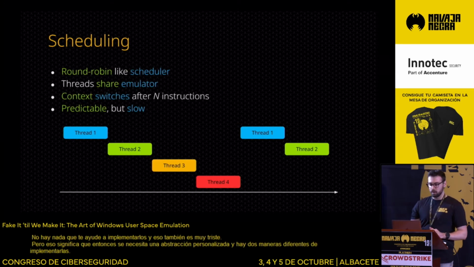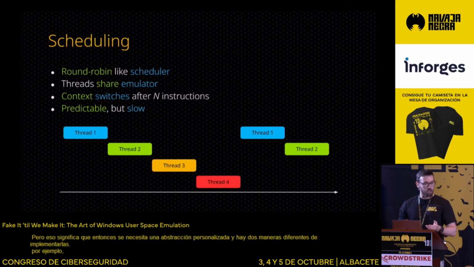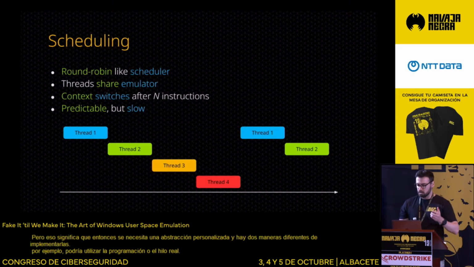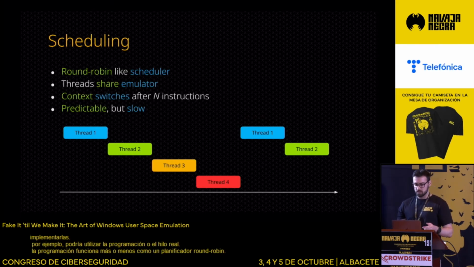The scheduling works pretty much like a round-robin scheduler. As you can see in the graphic below, there is one thread working for, let's say, n instructions, and then the second thread gets context switched into the emulator, works for n instructions again, and then the next thread starts running, and so on until the application ends.